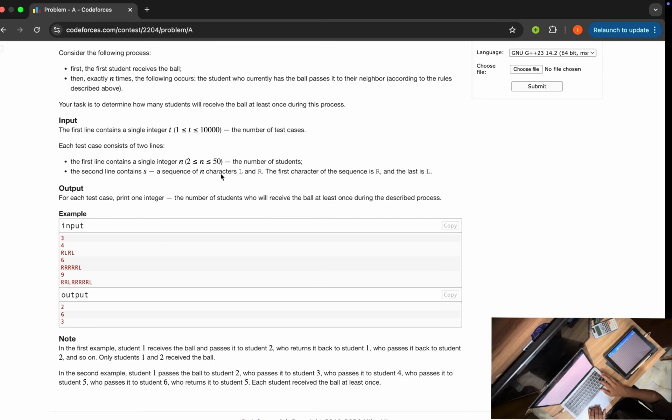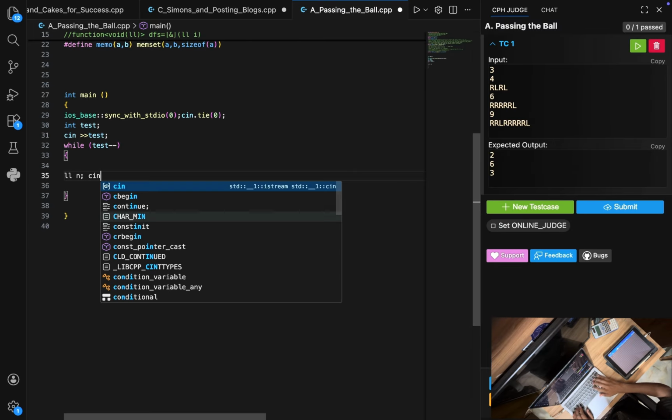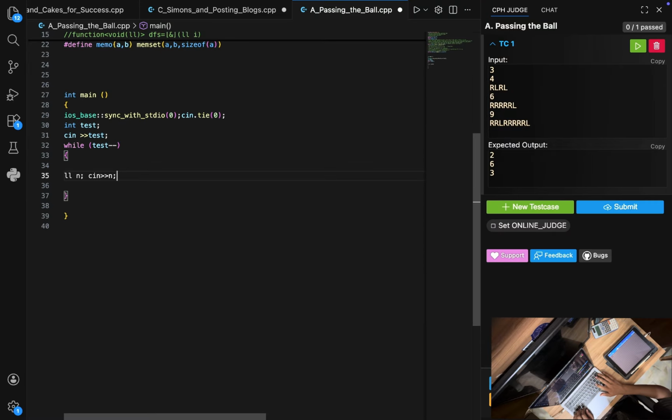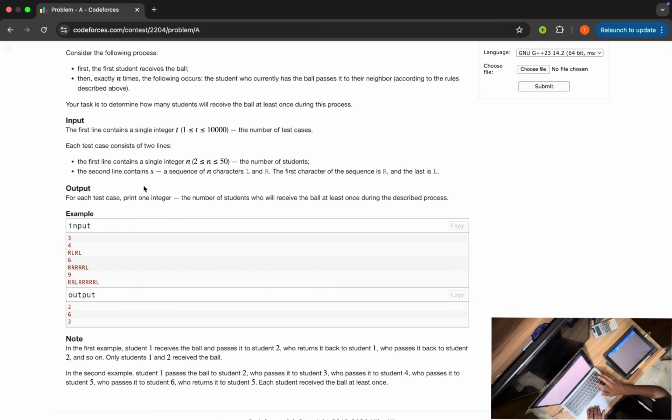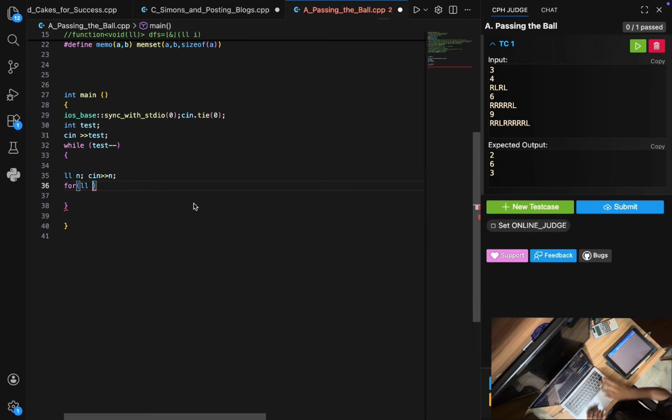What's the value of n? N is only 50. Just simulating once should be enough. First, the first student receives the ball.